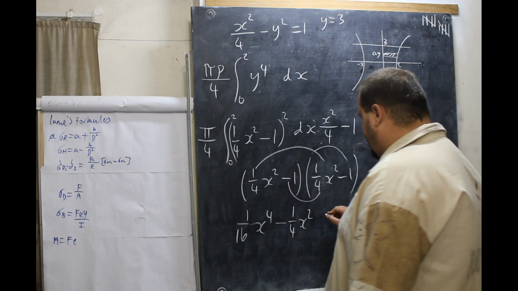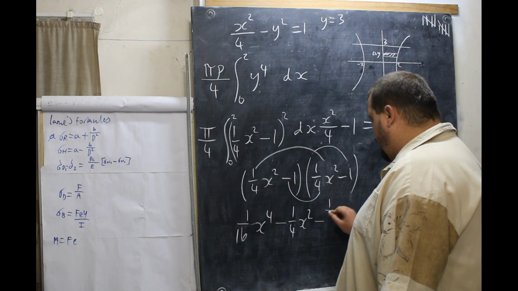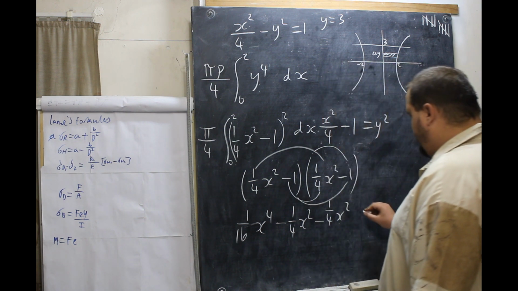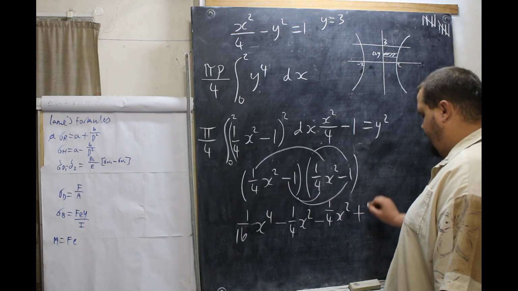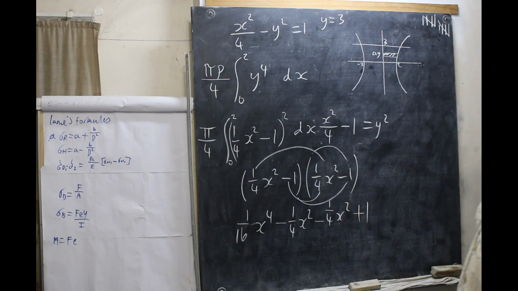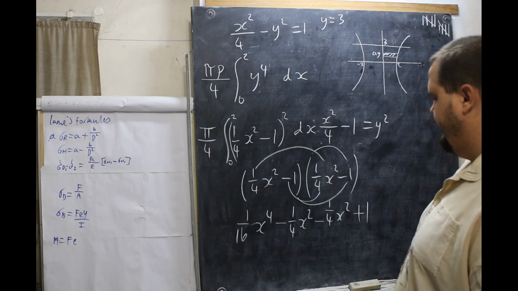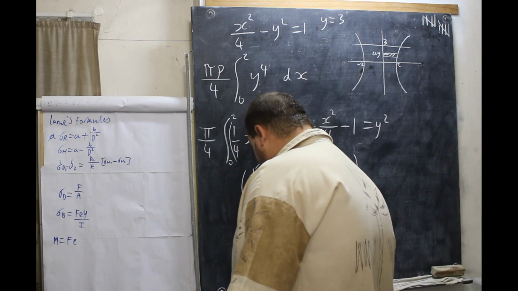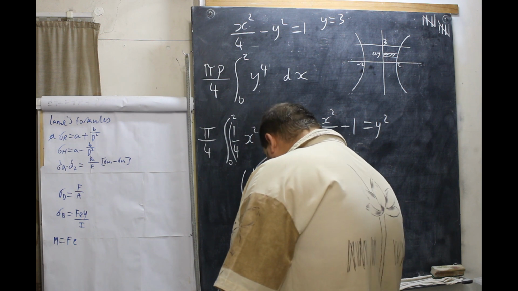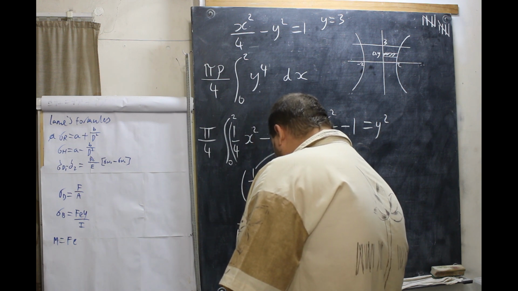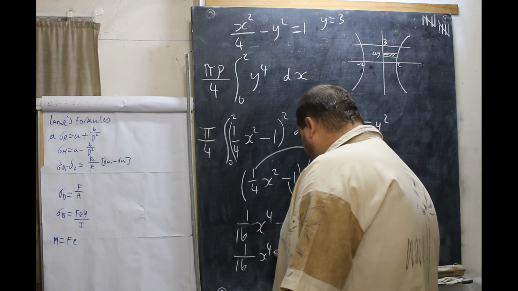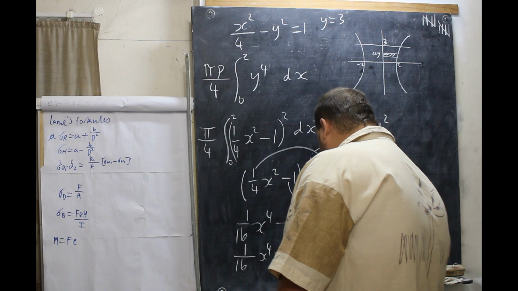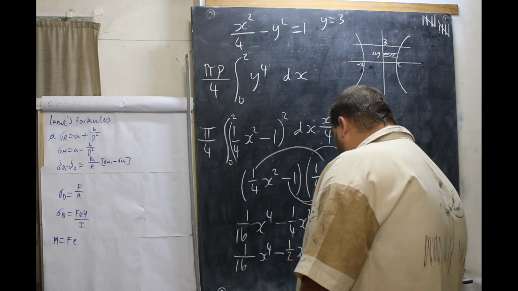Now minus 1 comes here, minus a quarter x squared. Minus 1 times minus 1 is plus 1. So a quarter plus a quarter is a half. So 1/16 x to the power 4 minus 1/2 x squared plus 1.